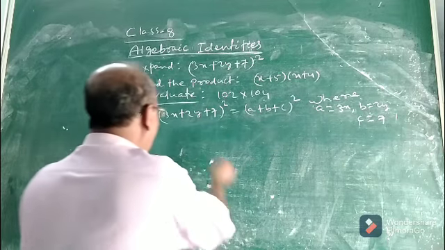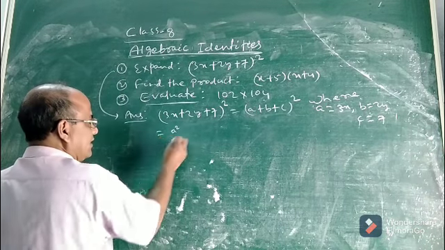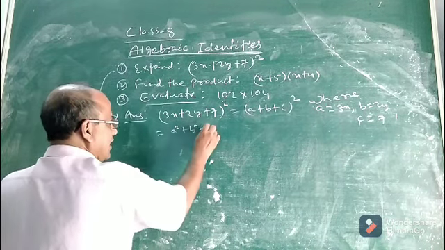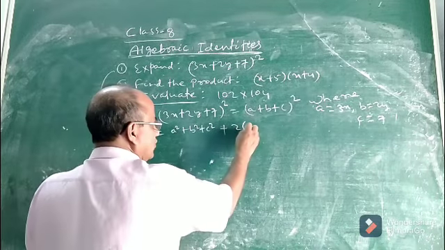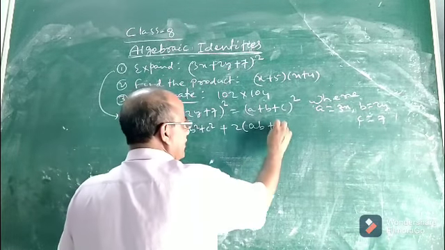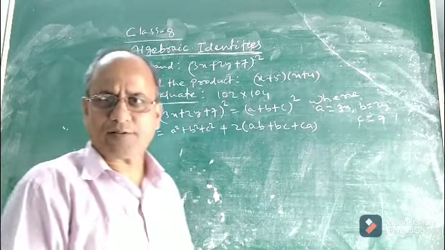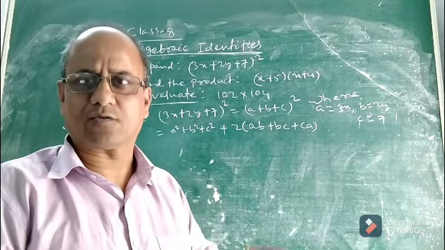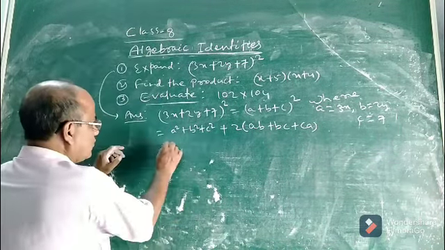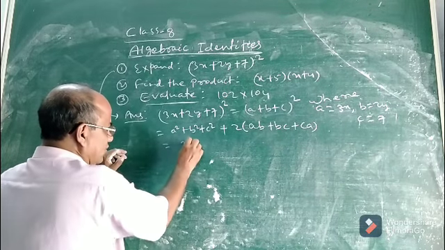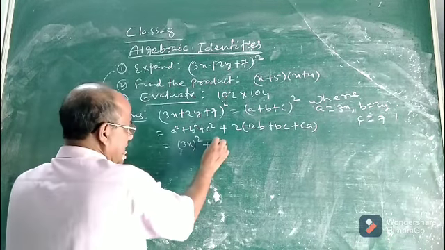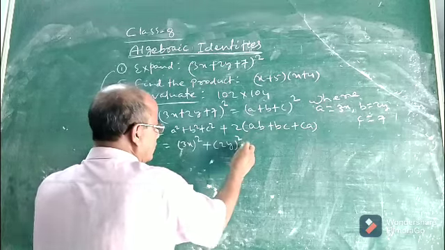And you know the formula. First you write the formula here: a square plus b square plus c square plus 2 into (ab plus bc plus ca). This is the formula for the identity (a plus b plus c) whole square, or the square of a trinomial. Now you put the values. In place of a, it will be (3x) square. In place of b, it will be (2y) whole square.